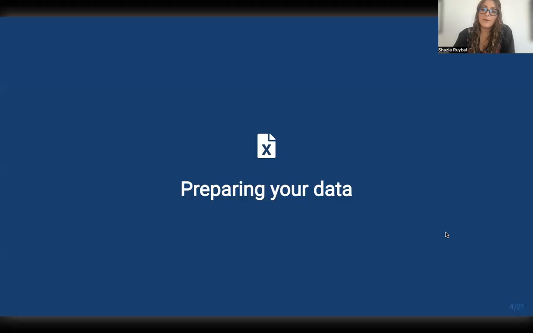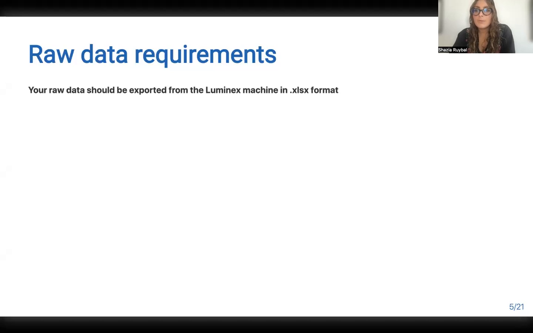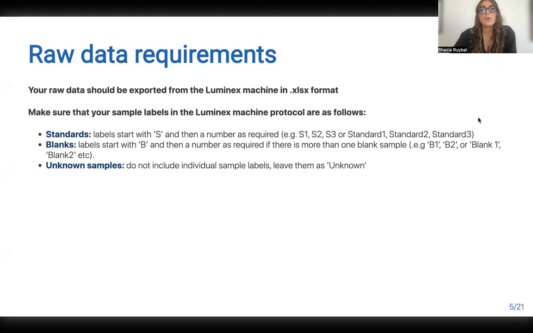All right, so preparing your data. The raw data requirements for the application, as we mentioned briefly yesterday: your raw data should be exported from the Luminex machine in Excel format. You want to make sure that your sample labels in the protocol are as follows.